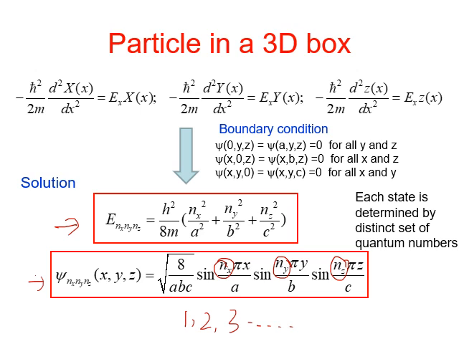Therefore, if we want to determine one wave function of this three-dimensional box, we need three quantum numbers: nx, ny, nz. Similarly, the energy is also determined by three quantum numbers, nx, ny, nz. A, B, C are the dimensions of the box.